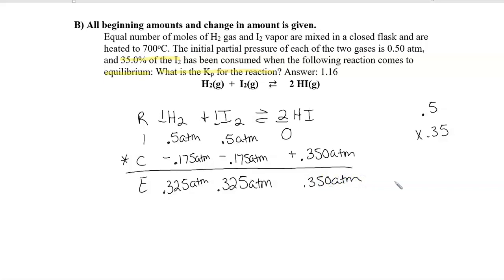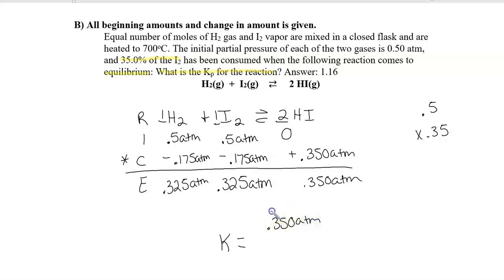Now that I've got all my numbers at E, which is the goal, I can now calculate K. K is the products over the reactants raised to their coefficient power. Everything was gases, so we didn't have to worry about any solids.